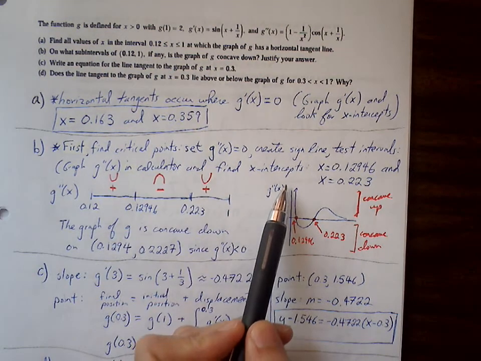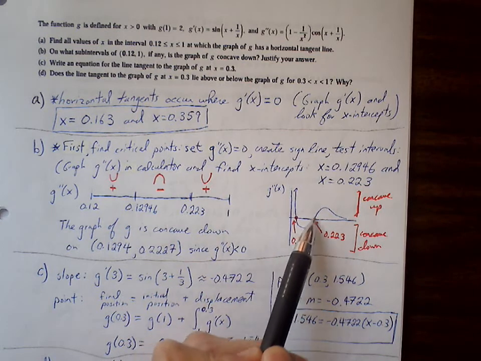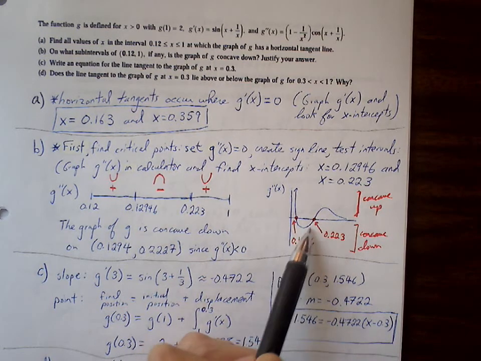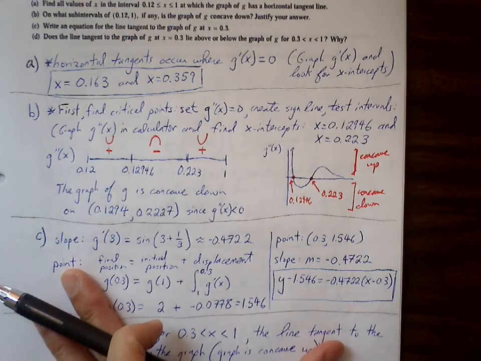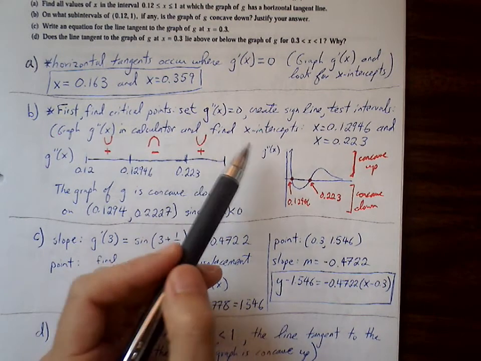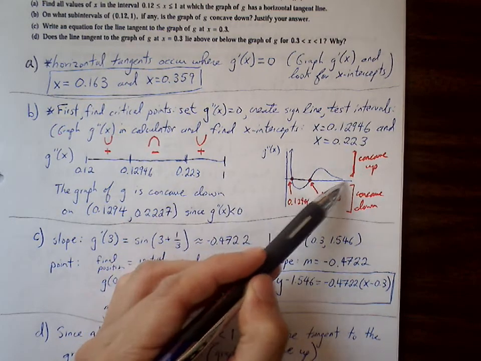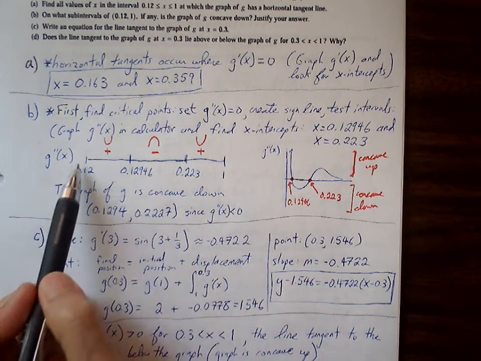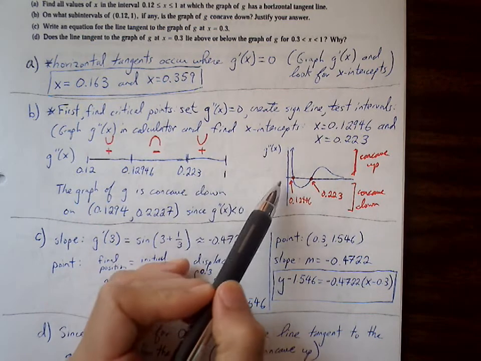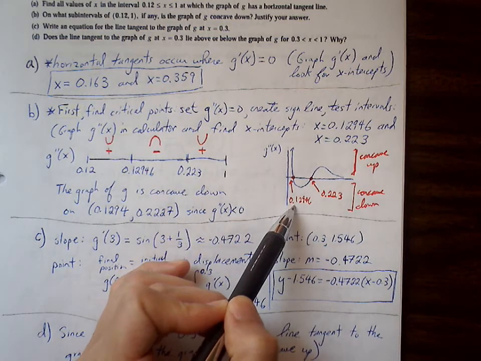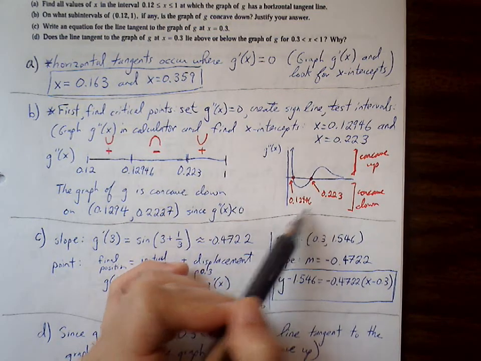So this is a picture of the second derivative function to find our critical points, and then also to test the intervals, and from there decide where our interval is concave down. If we plug this in our calculator, we get a graph something like this. Our endpoints are 0.1, 2, and 1. Those are our boundaries. Our critical points, where g double prime is equal to 0, where potential points of inflection are, is 0.129 and 0.223.